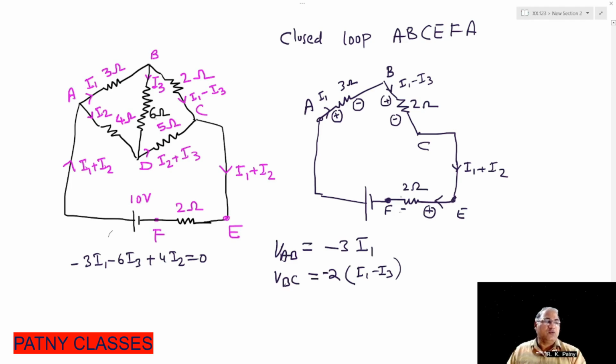Now E to F, there is a resistor, and we are moving in the direction of current, so we have to get the VEF. VEF is minus 2 into (I1 plus I2). After that, we are moving through the 10 volt cell from the negative plate to the positive plate, so there is an increase in potential.